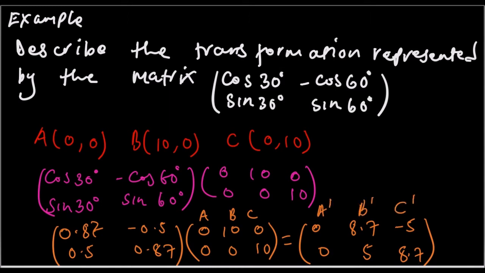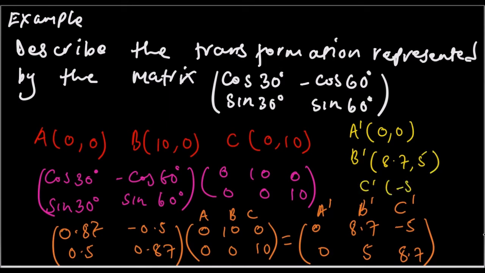Therefore, the coordinates of our image are: A prime is at 0, 0, B prime is at 8.7 and 5, and C prime is at minus 5 and 8.7. So we go ahead and draw these two figures on our Cartesian plane, and we will be able to see the kind of transformation represented by this matrix.